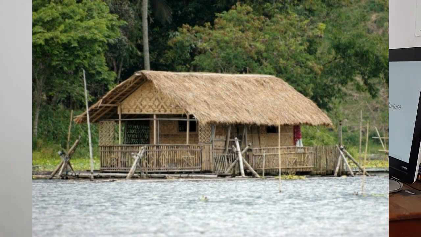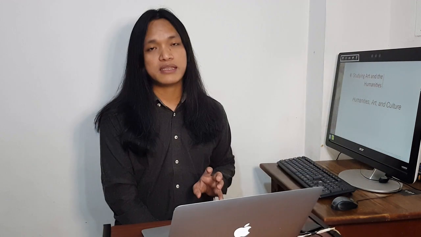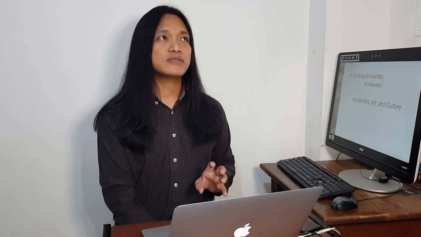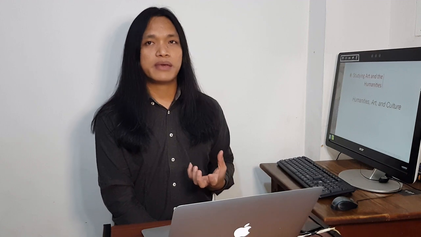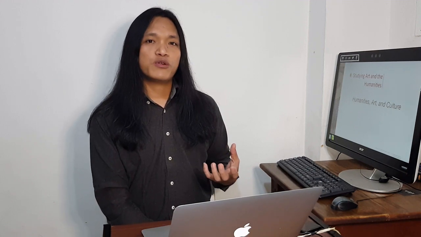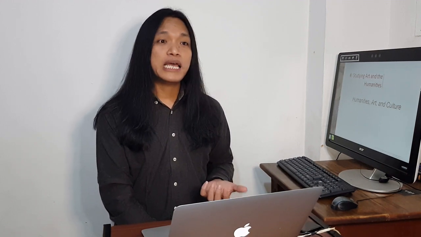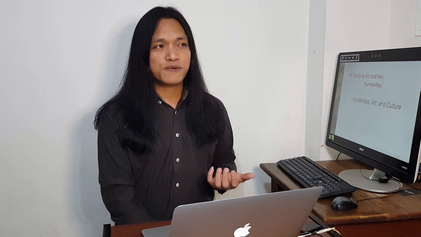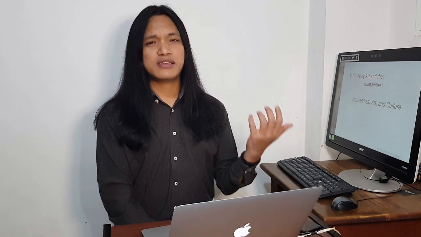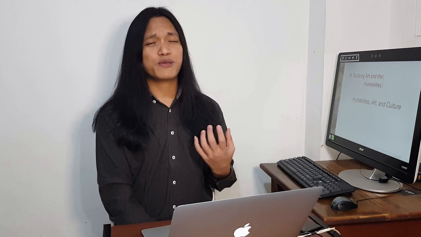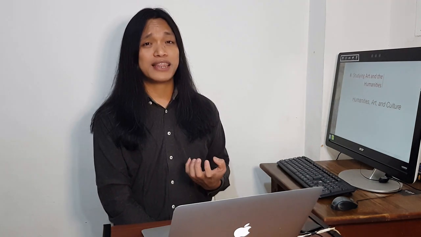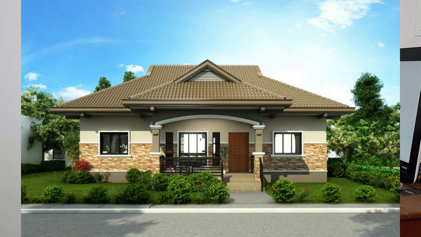So if we look at our houses now in the urban cities in Mindanao and the Philippines, most of the houses are bungalow type, or a mansion or a villa. And if you get into this house, it requires a lot of air conditioning to cool down, unlike the bahay kubo counterpart, which does not actually require electricity to be efficient.